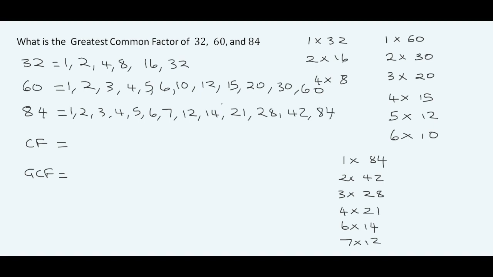So let's look for our common factors. We have 1, we have 2, let's see, 4. There are no other numbers that are repeated for all three numbers, so our greatest common factor ends up being 4.